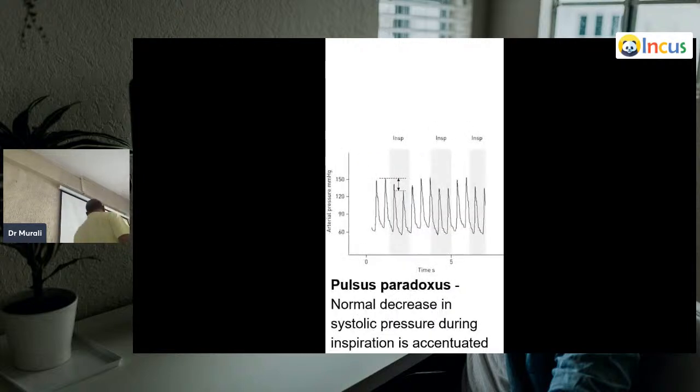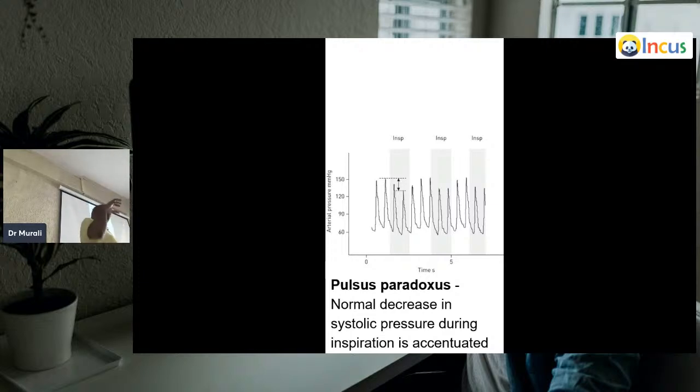You'll remember that. Then pulsus paradoxus. Normally, whenever we are taking inspiration, there is an increased venous return. Because of that increased venous return, venous return from the entire body will go into the right atrium.